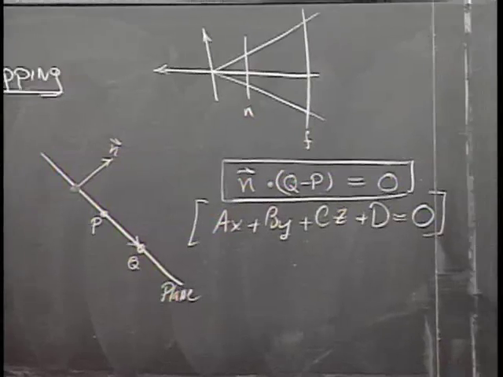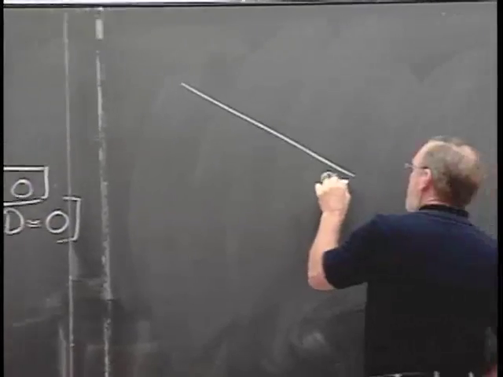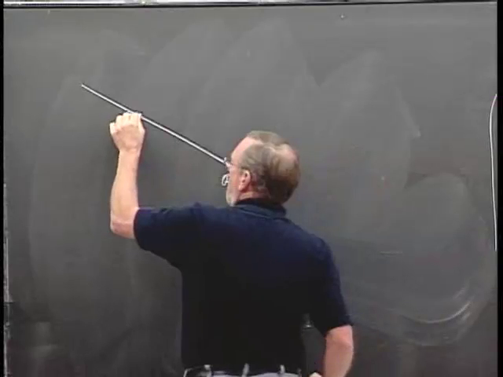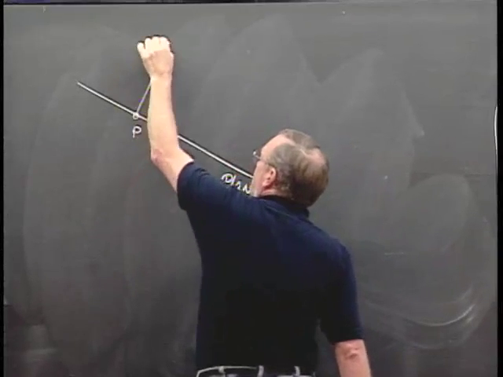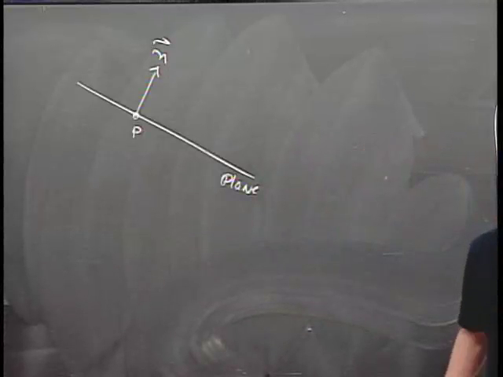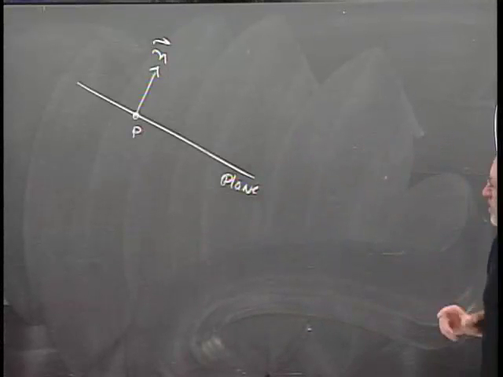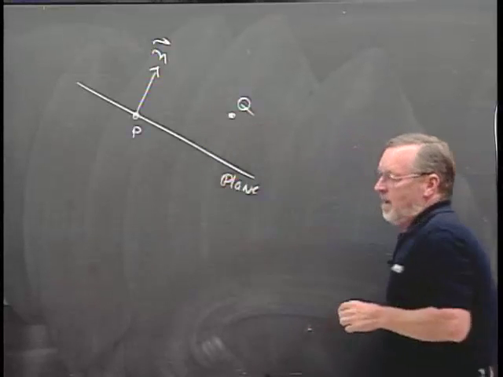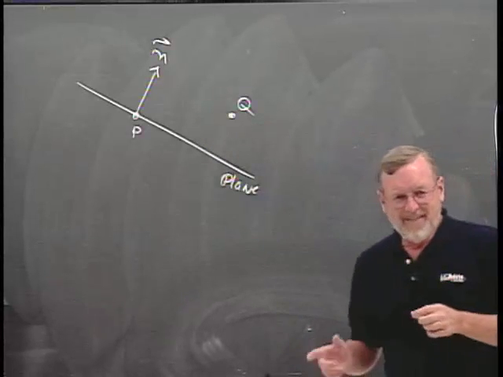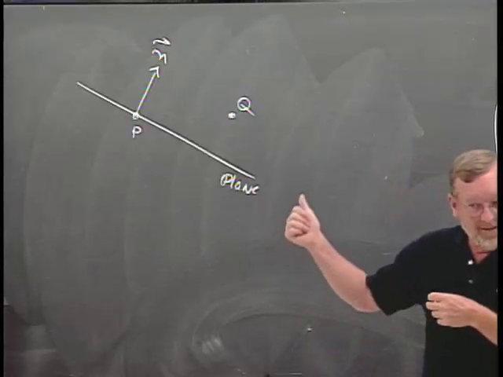Here's your plane again. Here's a point P, and I'll draw the normal out of P. It could be anywhere, but the normal is just perpendicular to the plane. Now what happens if Q's up here? I should tell you, there's two normals that work.